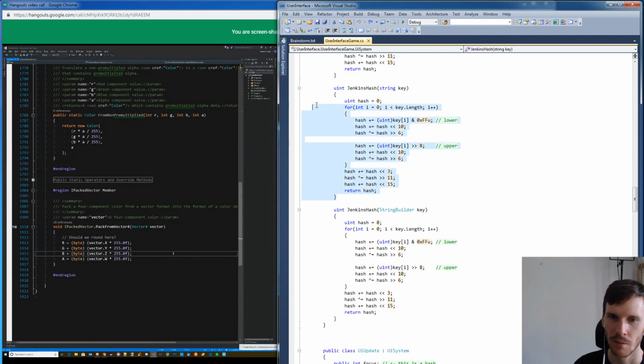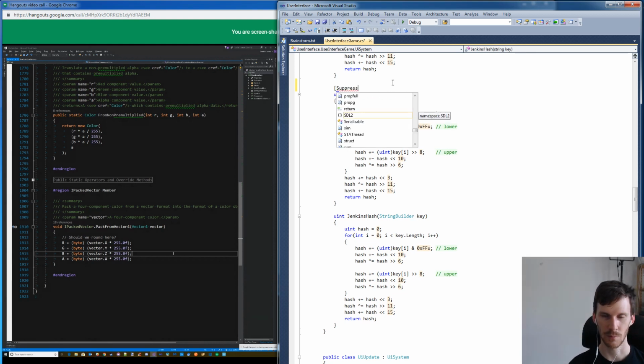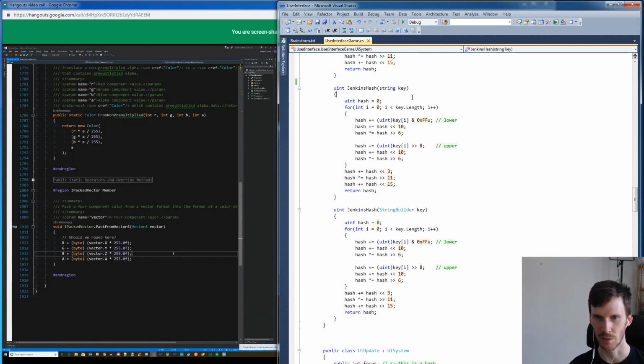Which is good. But if you then interop to it, obviously interop is the core overhead cost in .NET, and you can get rid of some of that. What is this? Suppress unmanaged code security something. Right. Yes, but I'm just curious if there ends up being a hash or a function that is faster in managed code because of the interop costs of going native.